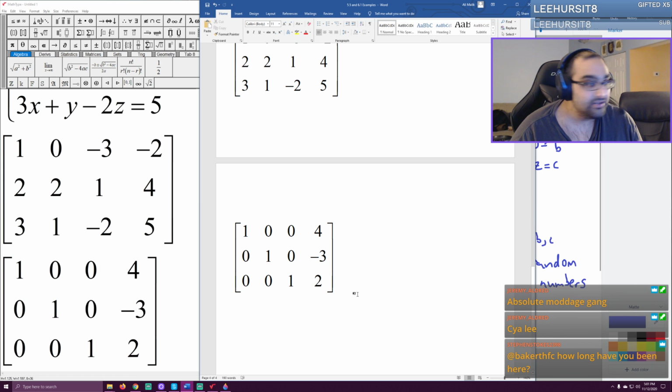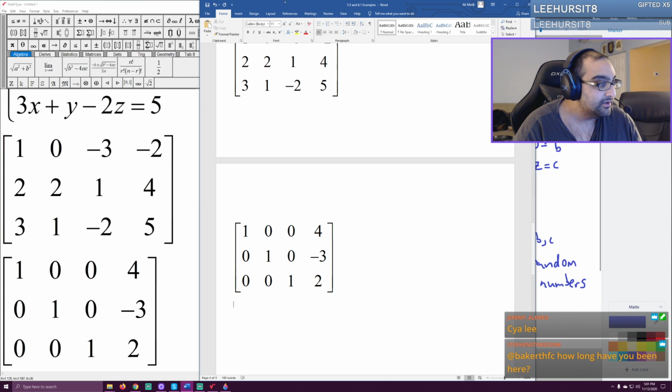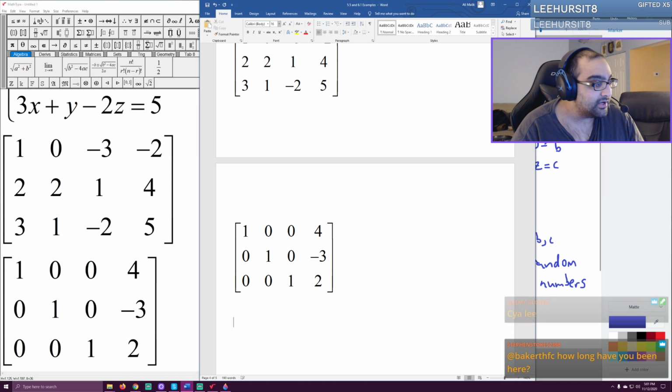So let's take a good look here. Again, what's our answer? The first column represents the x's, the second the y's, and the last one the z's.